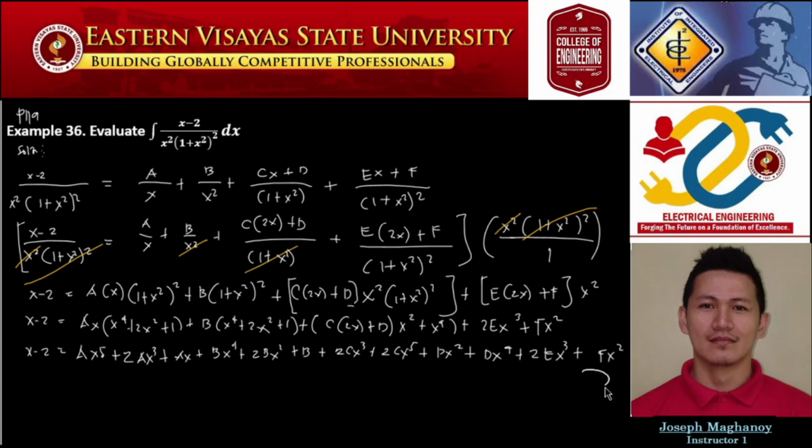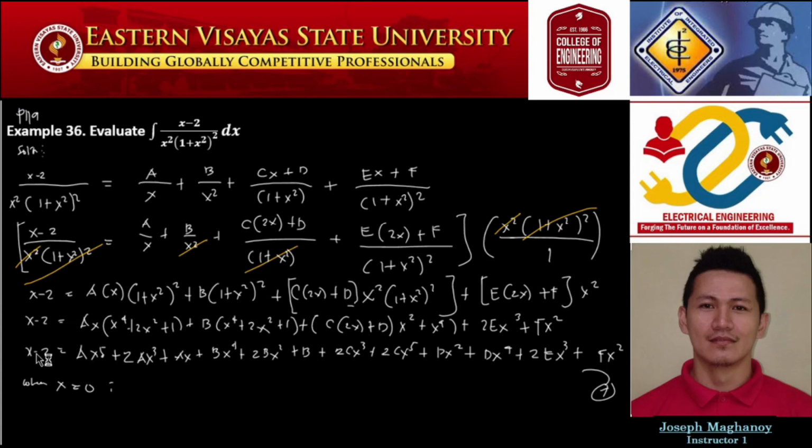Okay, so we already have an equation. We can say that this is our equation 1. From our equation, let's assume values to determine the unknowns. When x is equal to 0, let's evaluate.